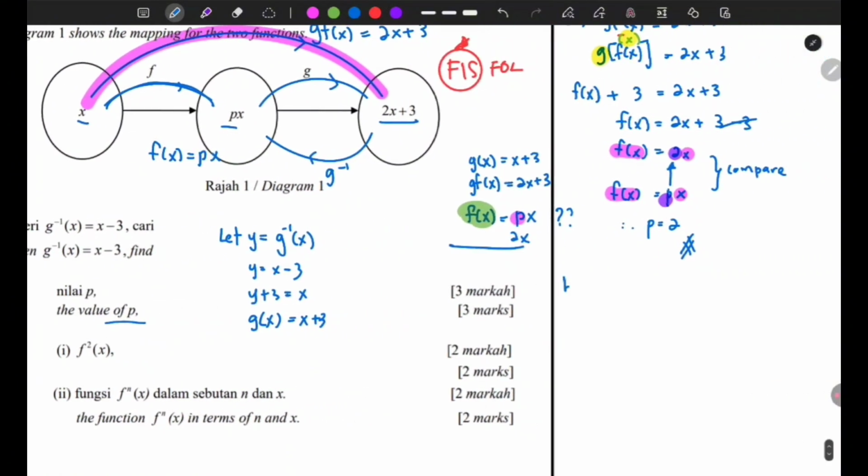B, find the f square x. f square x means f(f(x)). So you got your first f(x), which is 2x, and then substitute again inside the x, because treat whatever inside the bracket like an x. So f(x) means 2x, so again your x is now 2x.